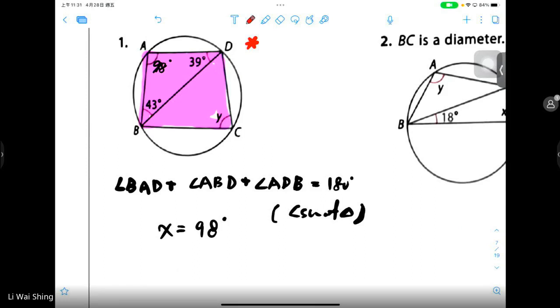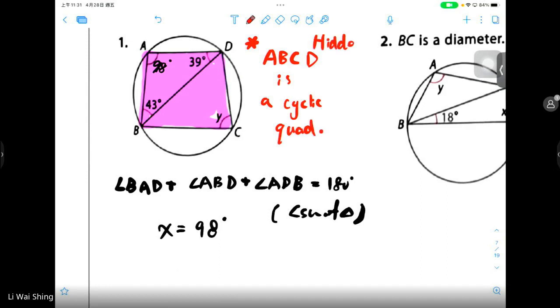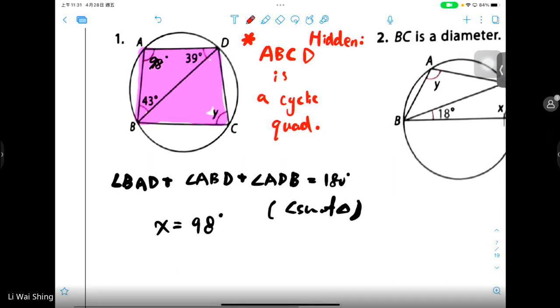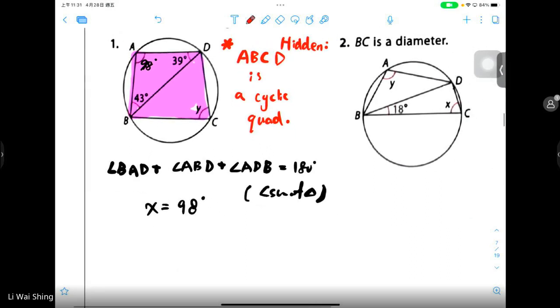You need to observe it yourself. 呢個又係你隱藏咗嘅資料。之後你會發現成日都睇漏呢一樣嘢㗎啦，我相信。So the sum of opposite angles would equal 180.